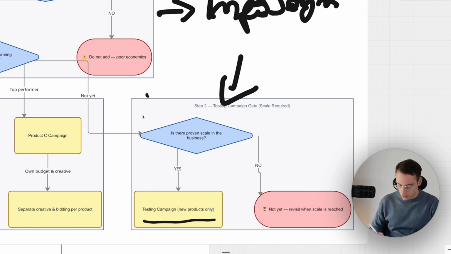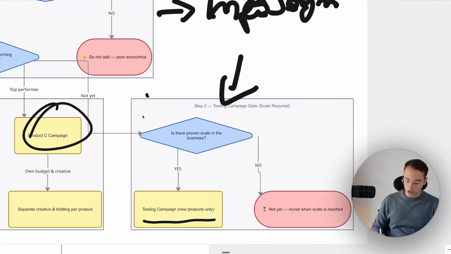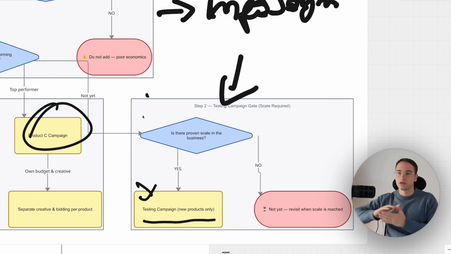Once we start scaling and proving some decent performance in one of the other products, the first step is to go into the existing campaign and start testing there with a few ad sets. Or if you have the budget, I will go straight into a separate testing campaign and start segmenting this into its own testing process, hypothesis process, to start making progress there.